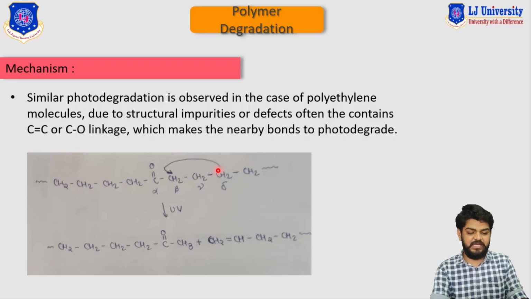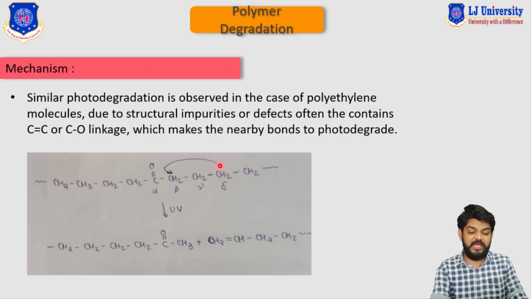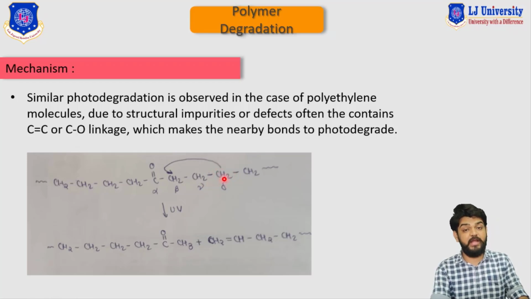On the application of the ultraviolet waves, the bond between carbon and hydrogen on the delta carbon will break up, and this bond will be shared by both of the carbons in an equal amount, right?